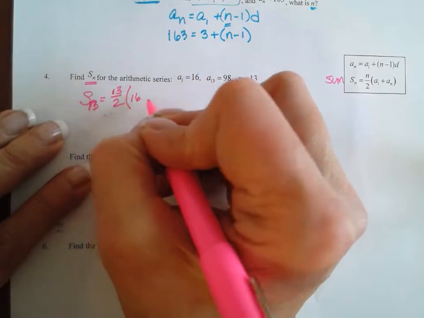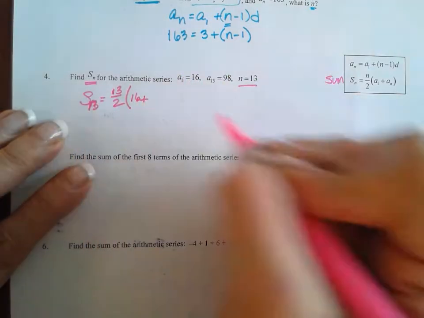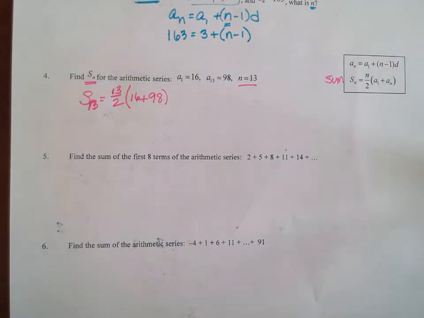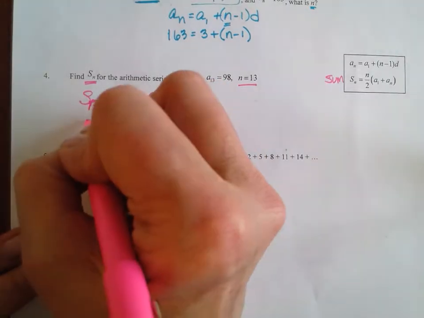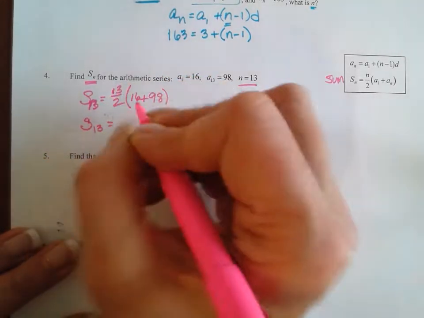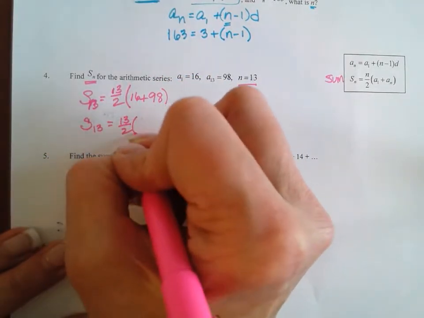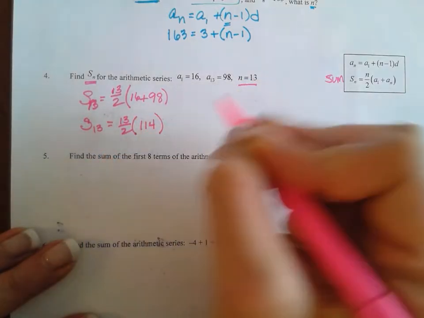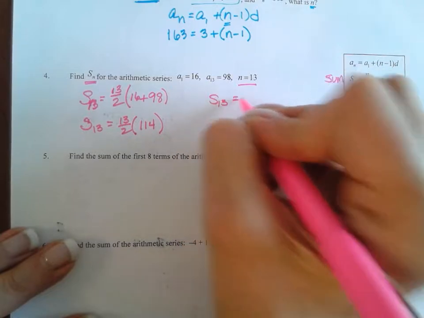So 16 plus 98. Good? Easy peasy? So when I combine those, I'm going to get 114.